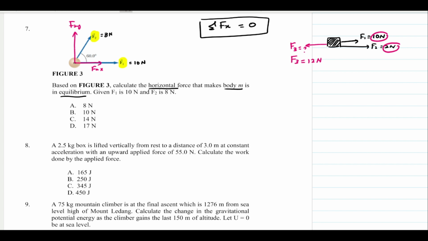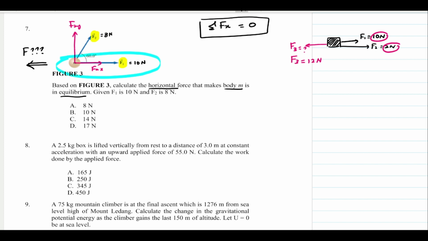So now for this body, alright, for this system, we need to calculate what is the total Fx. Okay, kedua-duanya direction dia adalah ke kanan, ke arah kanan, means that we need another force in this direction. Berapa force? Inilah yang dia kira. Calculate the horizontal force yang kita perlu.